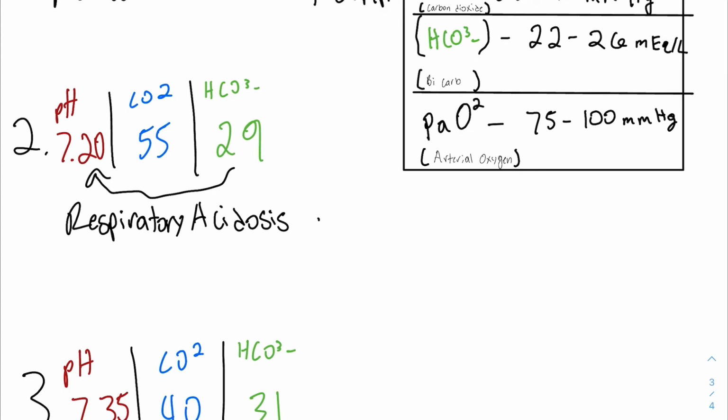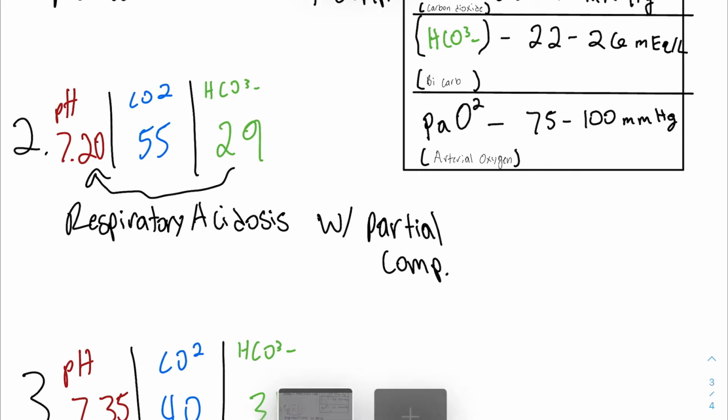So we can give it partial credit because it hasn't fixed it, but it's trying. So we're going to say with partial compensation. It's getting partial credit like you might get for an assignment because it didn't do all the work, but at least it tried to fix it, right?